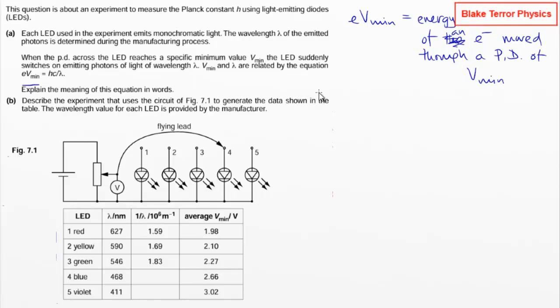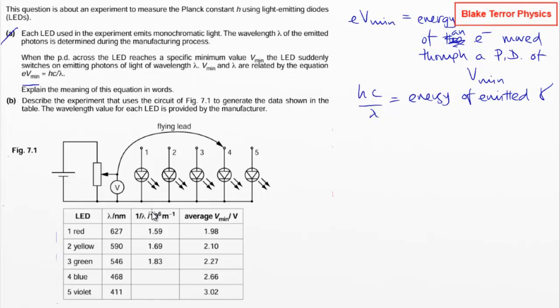And then we've got hc over lambda, which equals the energy of the emitted photon. So this is a conservation of energy equation really: joules per coulomb multiplied by coulombs, and then that is the energy of the photon on the other side.